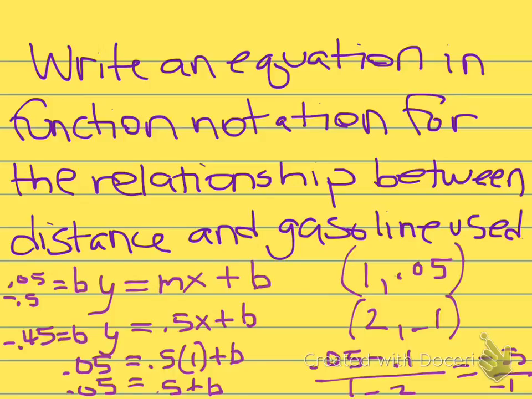And that's our b value. So our equation would be y equals 0.5x minus 0.45. And function notation would just mean to replace the y with f of x. So this would be our equation.